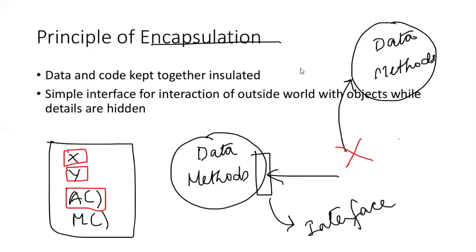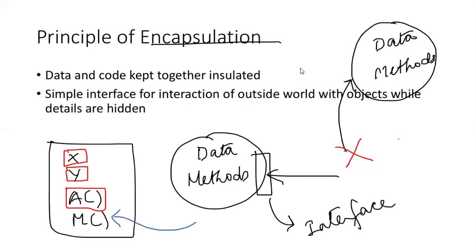So I'm left with only M, which is again a method. I want that anybody from outside should be able to access this object only via the method M. So the method M can be a part of the interface.